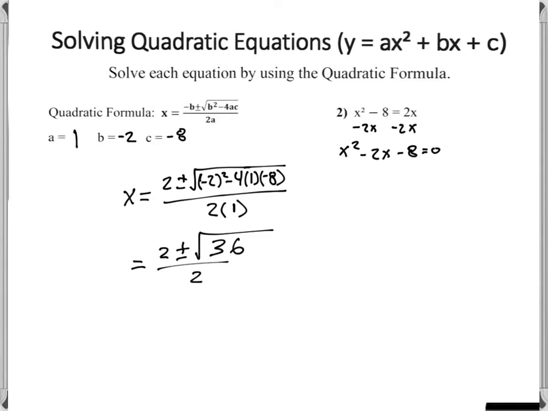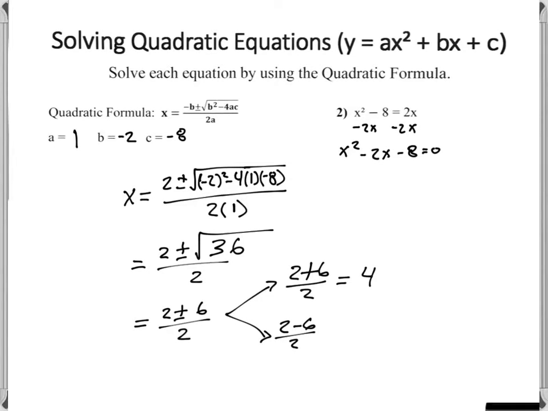Well, the square root of 36 is just 6, so we end up with 2 plus or minus 6 over 2. We break apart into our two equations, where we have 2 plus 6, which is 8, divided by 2, which gives us 4. And then we have 2 minus 6, which is negative 4, divided by 2, which gives us negative 2. These are our solutions.